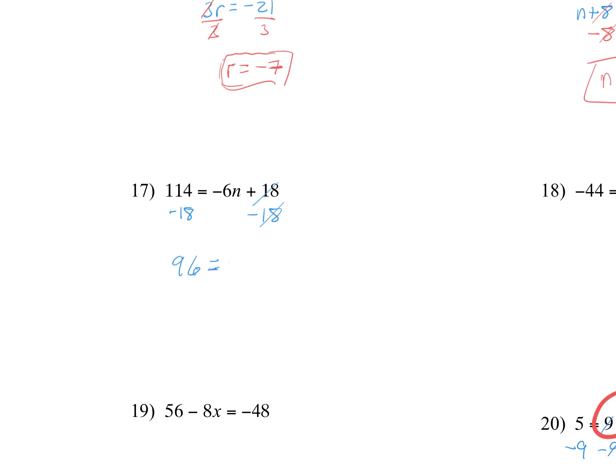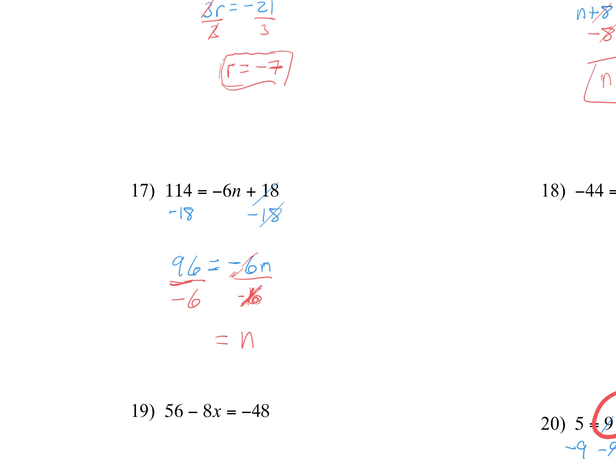And then this equals negative 6n. This negative 6 in front of this n means negative 6 times n. So let's divide by negative 6 on both sides. Looks like my pen is glitching, so bear with me, please. So negative 6 divided by negative 6 goes away, and we get n on that side.